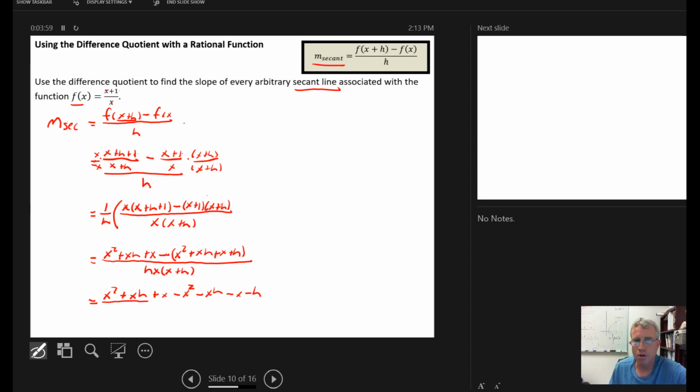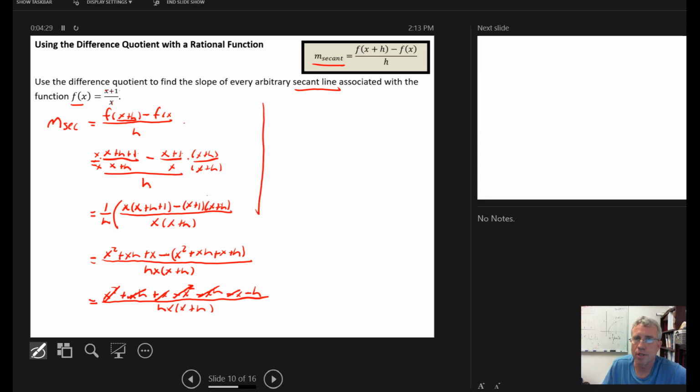And this is all over the denominator h times x plus h. And then if I look at the numerator, some things are going to cancel, or they're going to give me a 0. So I get x squared minus x squared is 0, plus x minus x is a 0, and plus xh minus xh is a 0. So when I look at the numerator terms, the only thing left is a minus h.